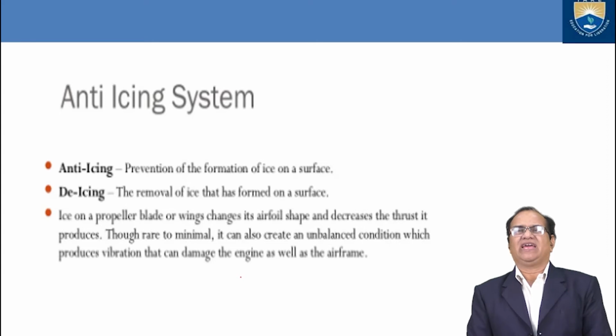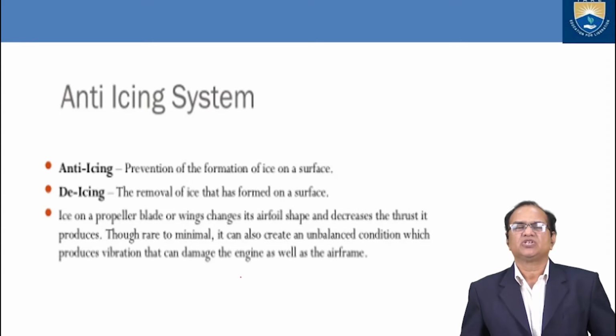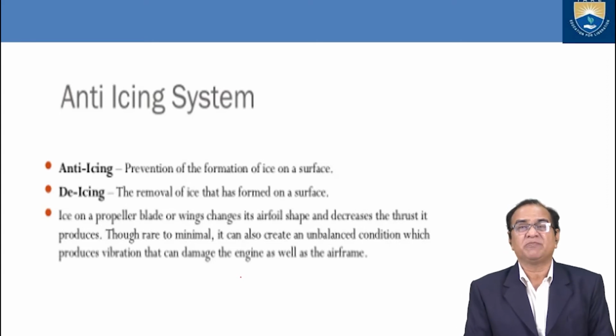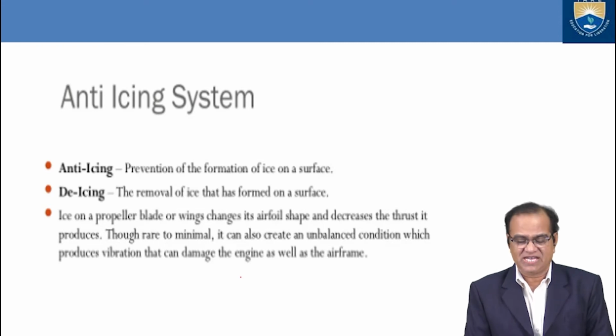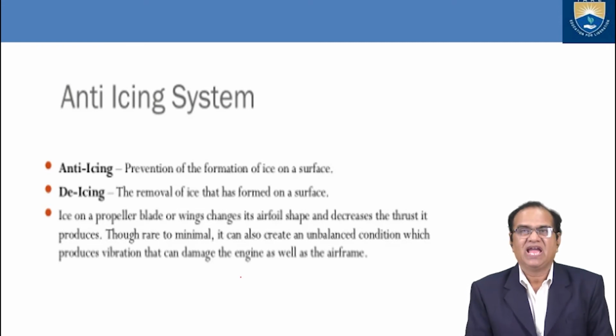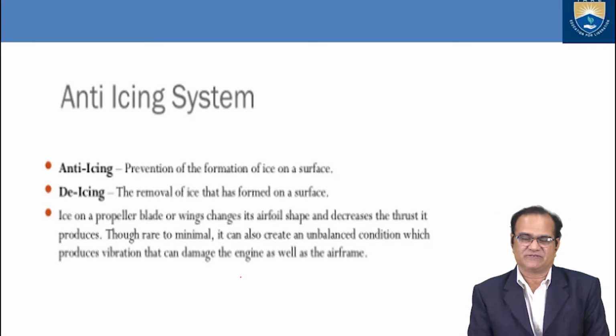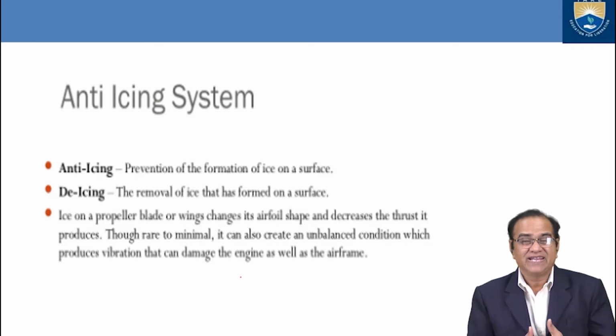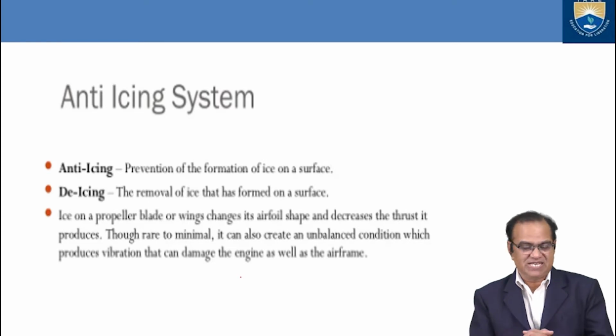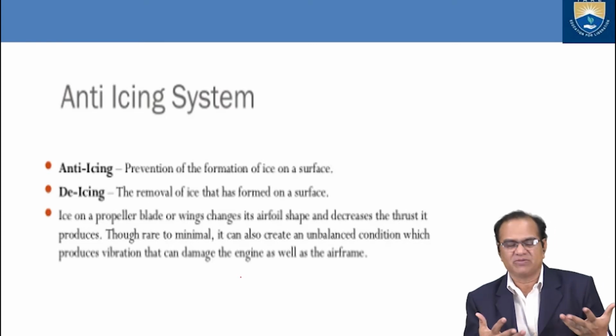Now I will talk about the anti-icing system. Anti-icing is the prevention of the formation of ice on a surface, and de-icing is the removal of ice that has formed on the surface. So anti-icing is a preventive measure and de-icing is the curing method.